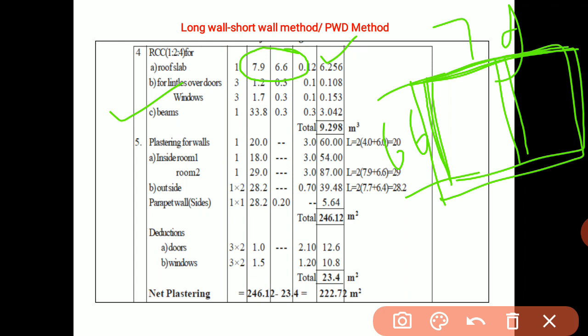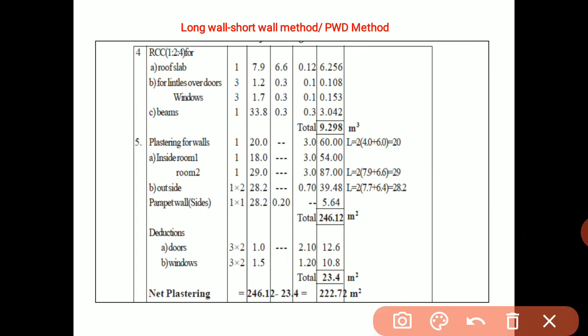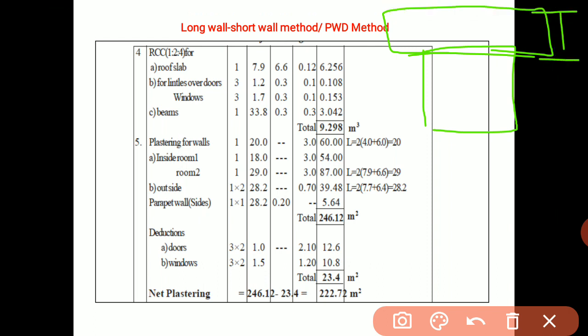Then similarly for lintels, whatever I told you about lintels just now. Suppose this is one above a door or window, so this height is given as 0.1. Width we will consider as 0.3 because it is embedded in the wall. What is the length over the door?